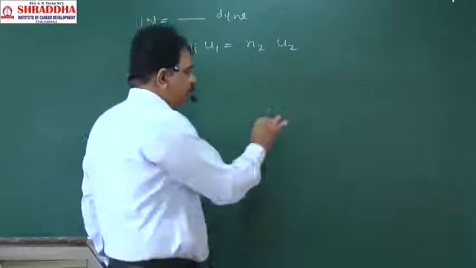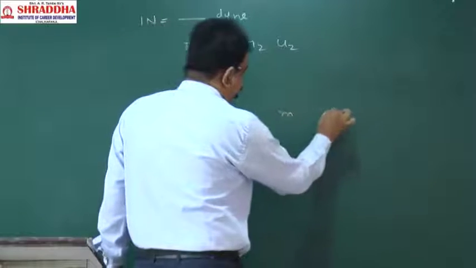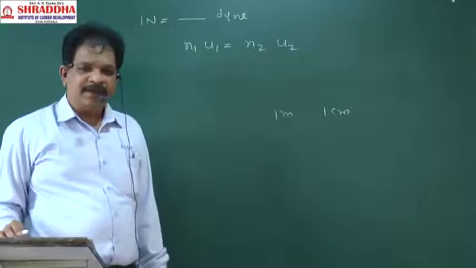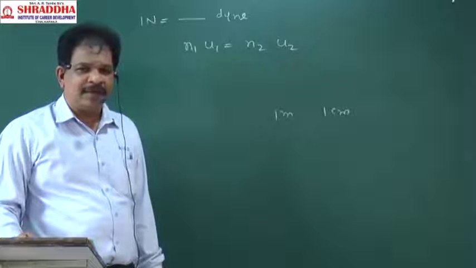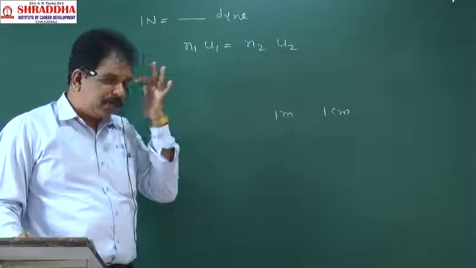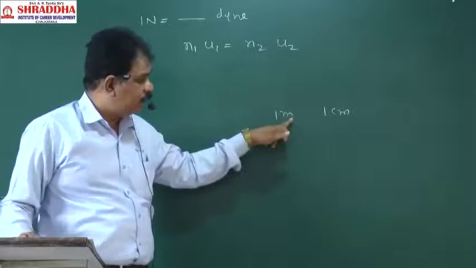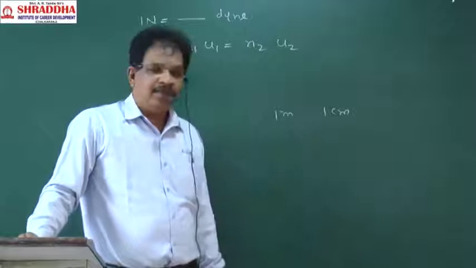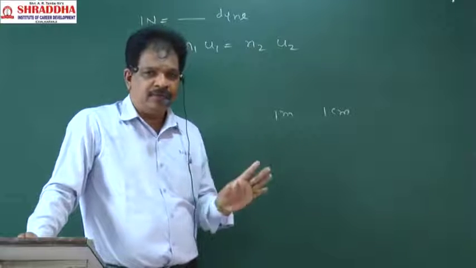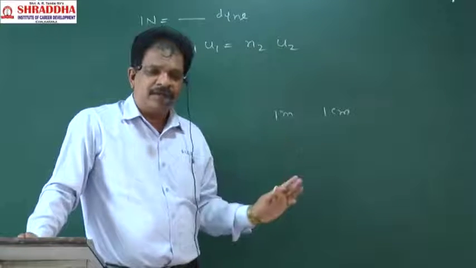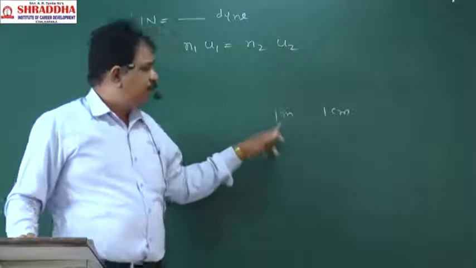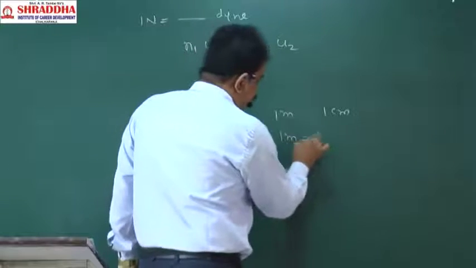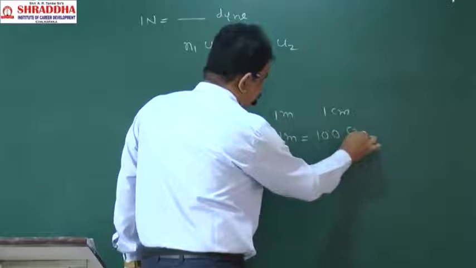For example, 1 meter is there, 1 centimeter is there. Which is big? 1 meter is big, its magnitude is more. Centimeter size will be less. 1 meter is equal to 100 centimeter.